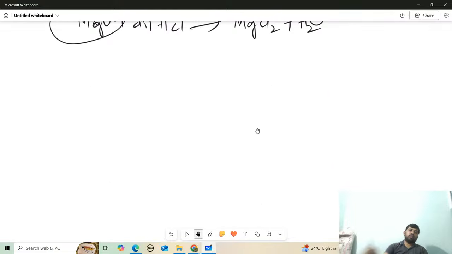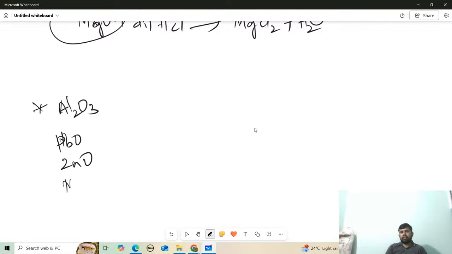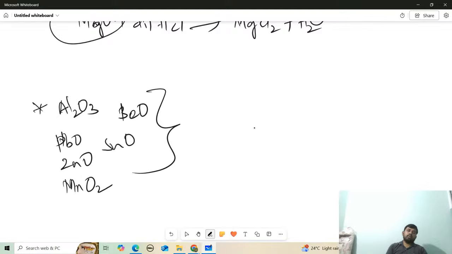Is it that all metal oxides are basic in nature? Again we have Al2O3, lead oxide, zinc oxide, beryllium oxide, and SnO2. These all are amphoteric oxides.